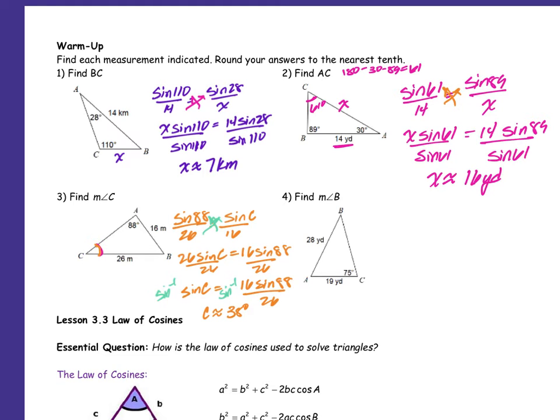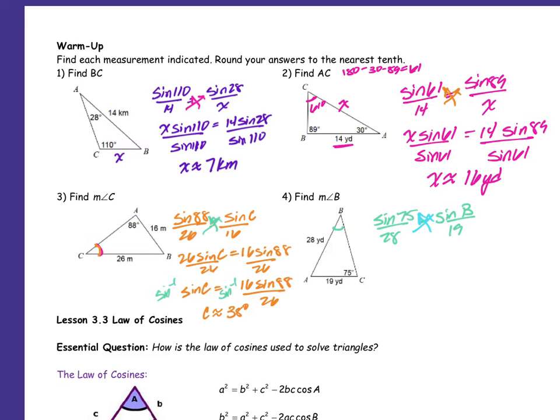Beautiful. Okay, and then on the last one, they want me to find angle B, and I have everything I need to do that. So I have sine of 75 over 28 equals sine of B over 19.